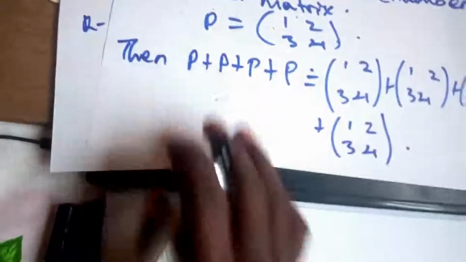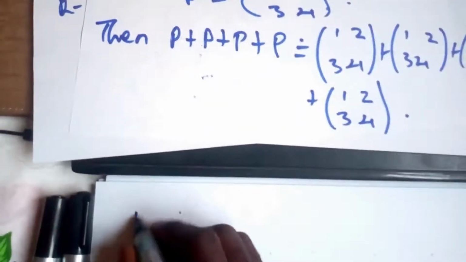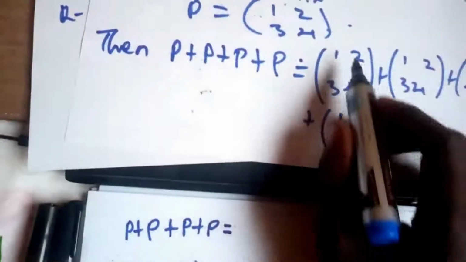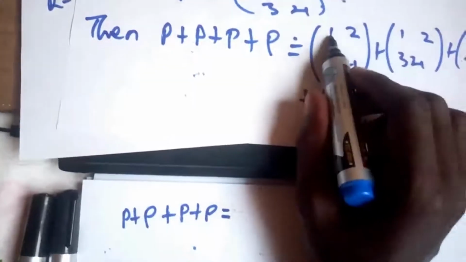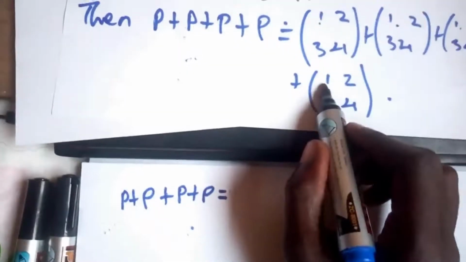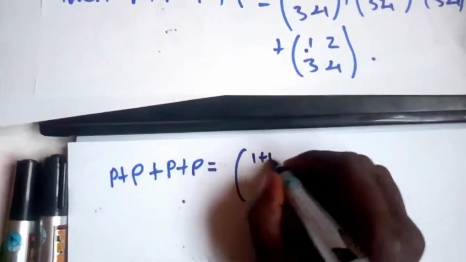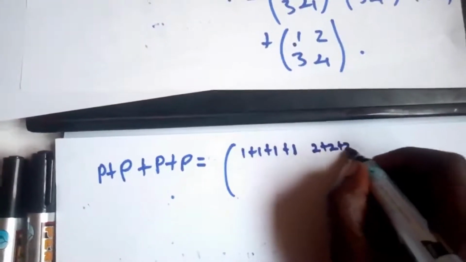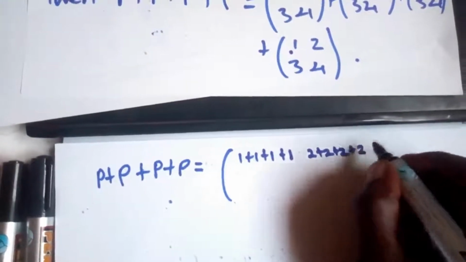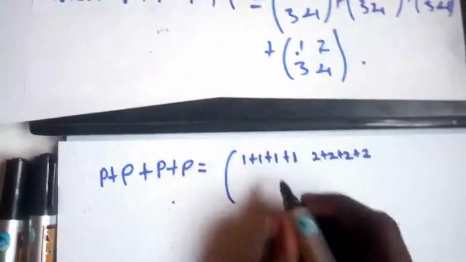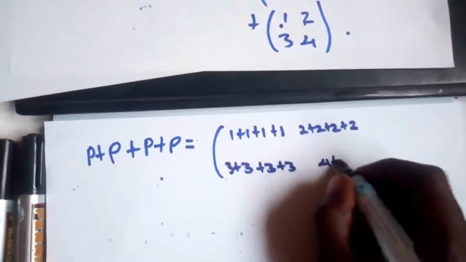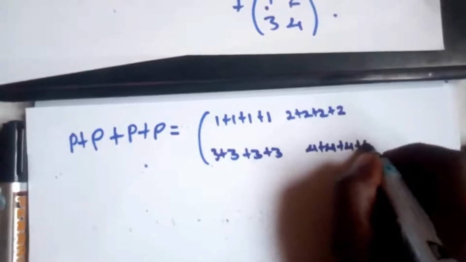So P plus P plus P plus P is going to give us 1 plus 1 plus 1 plus 1, then 2 plus 2 plus 2 plus 2, then 3 plus 3 plus 3 plus 3, then 4 plus 4 plus 4 plus 4.